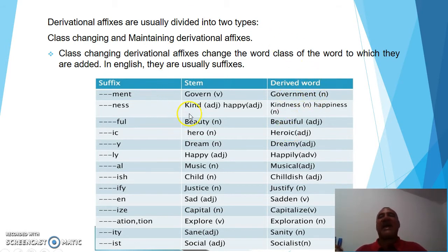The same happens with kind and happy, which are adjectives. When we add the suffix ness, these adjectives turn into nouns, kindness and happiness. Also beauty, beautiful, happy, happily, music, musical, and so on.